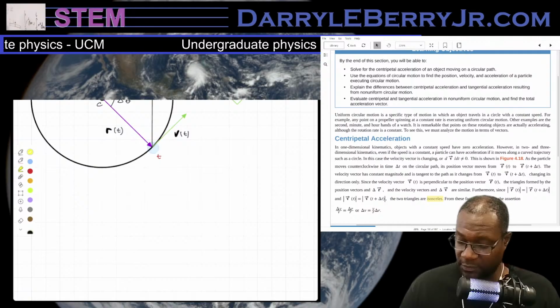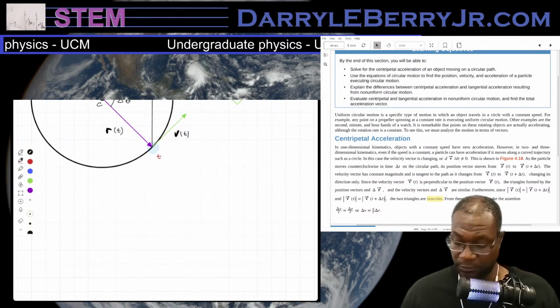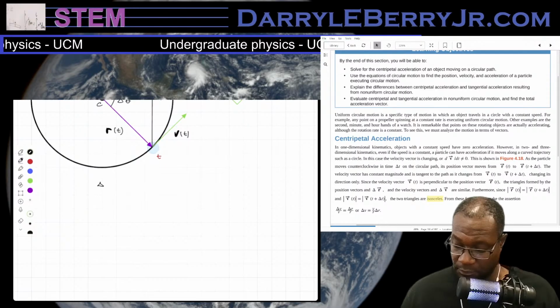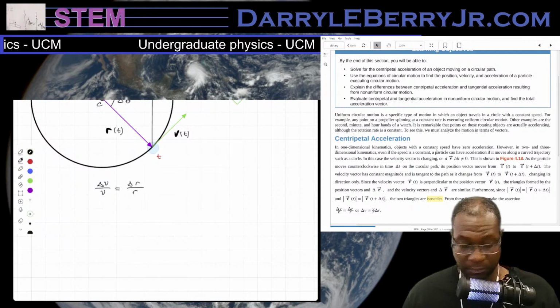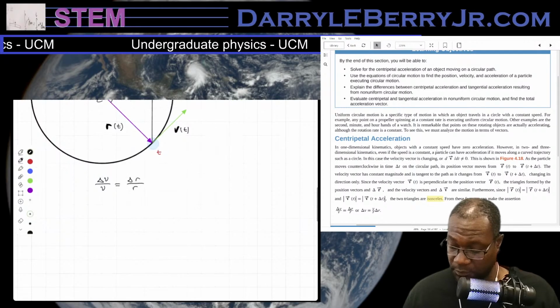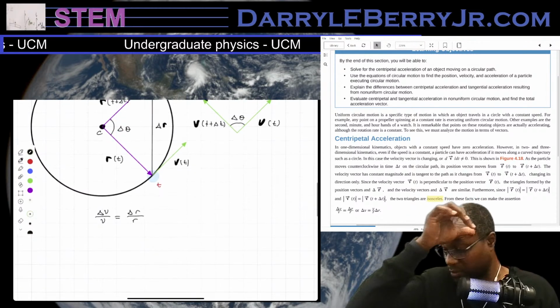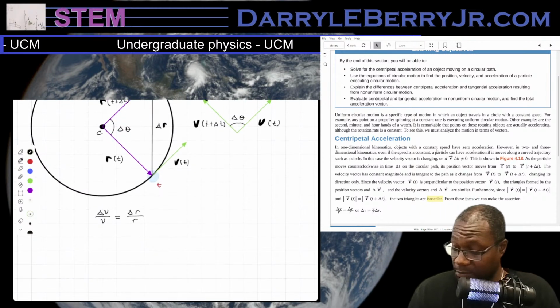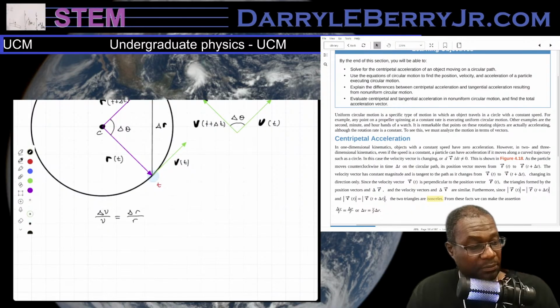So we have the speed, and change in V is the difference in velocity.